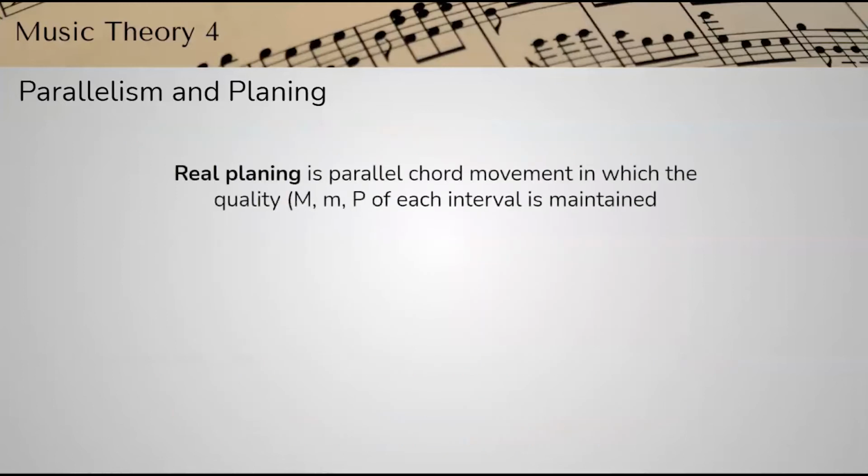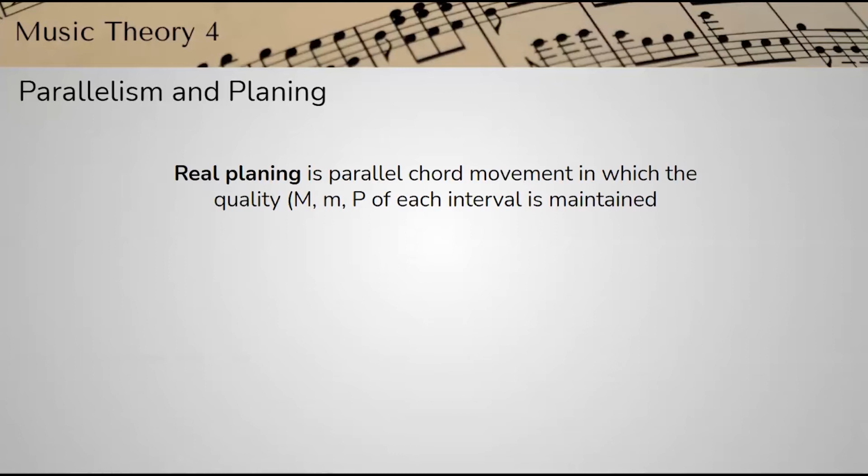Now there are two different varieties, and these are pretty self-explanatory because we've talked about real sequences and tonal sequences. These are related to that. The first is called real planing, where you have parallel chord movement that is, quote unquote, chromatic.